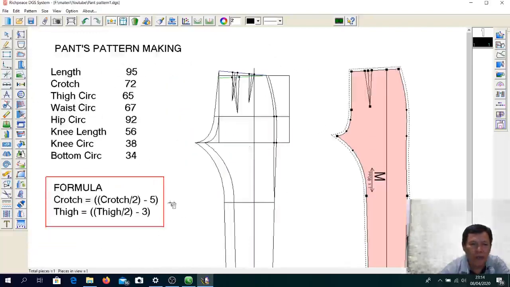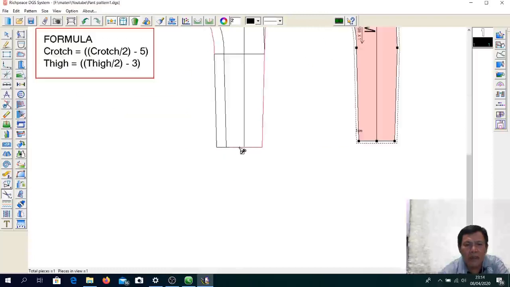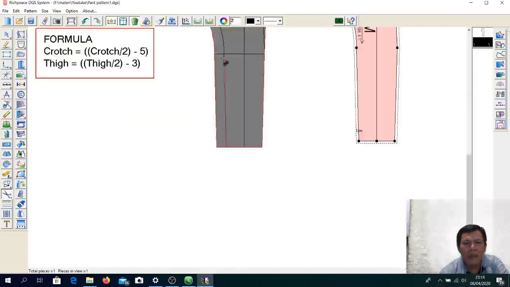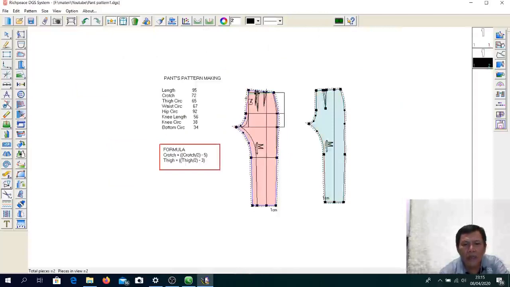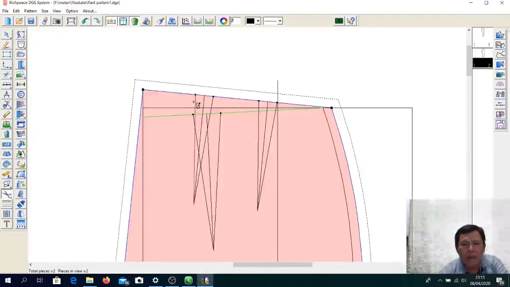Okay, and then for the back part, we are using this, this, this, this, this, and the black back dart. This line, this line, this line, this line, this line, this line, and this line.